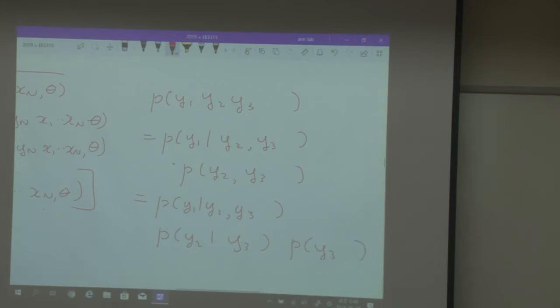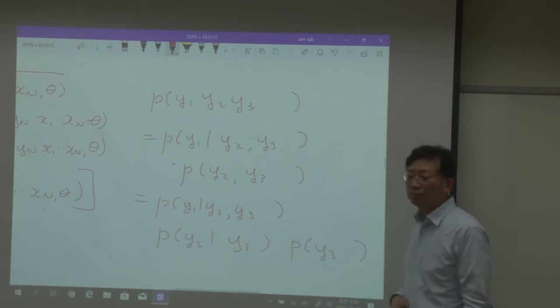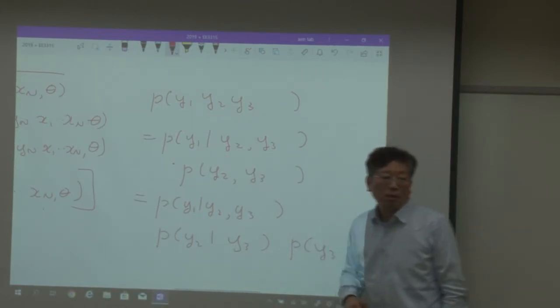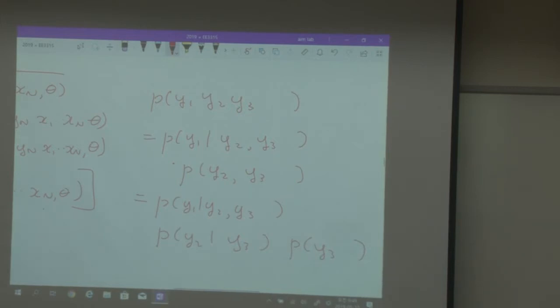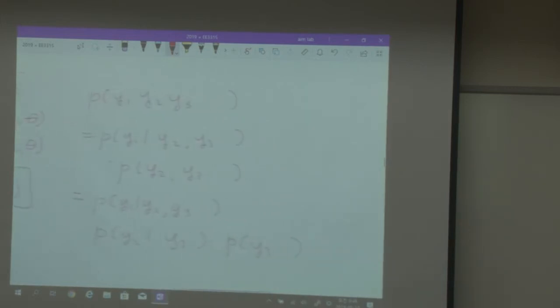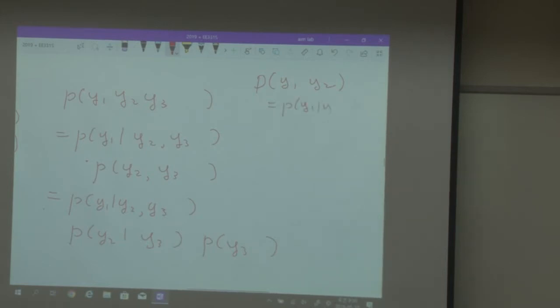Is this true? Yes. Think of this as, we know this, right? y1, y2 is equal to probability y1 given y2 times probability of y2.